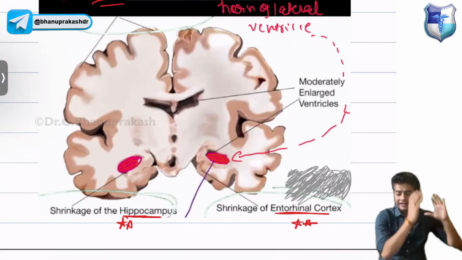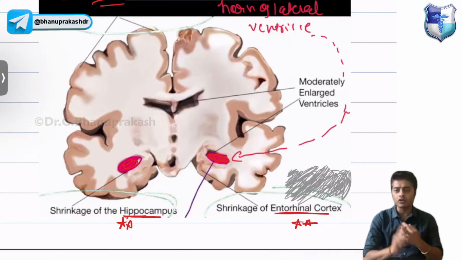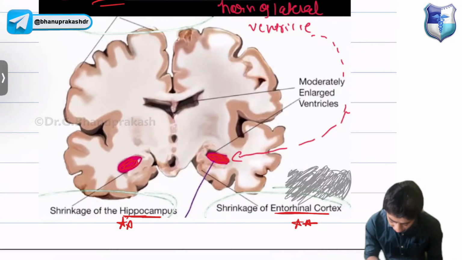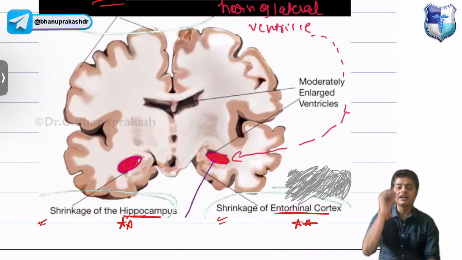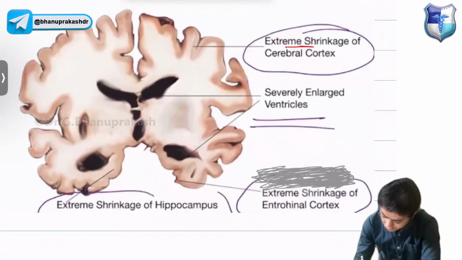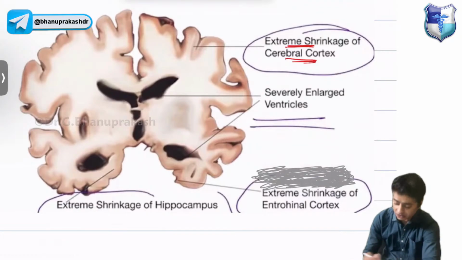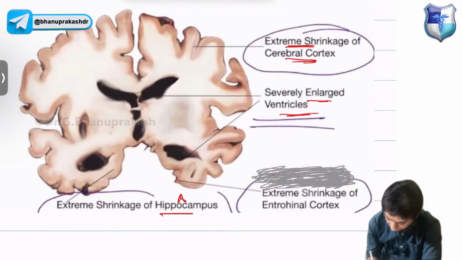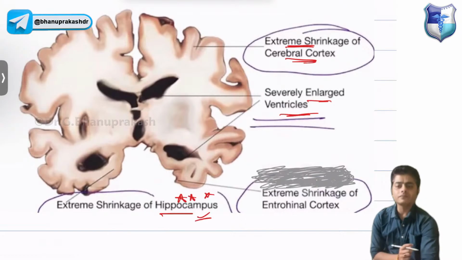Because we have known now that in medial temporal lobe, your hippocampus and entorhinal cortex are most severely affected. So due to their shrinkage, there is dilatation of ventricle. See, extreme shrinkage of cerebral cortex. Severely enlarged ventricle and extreme shrinkage of hippocampus.